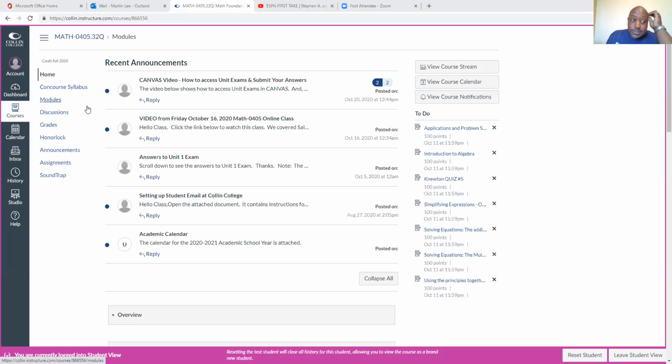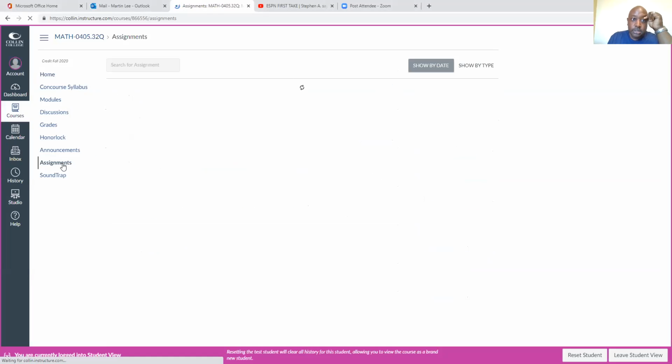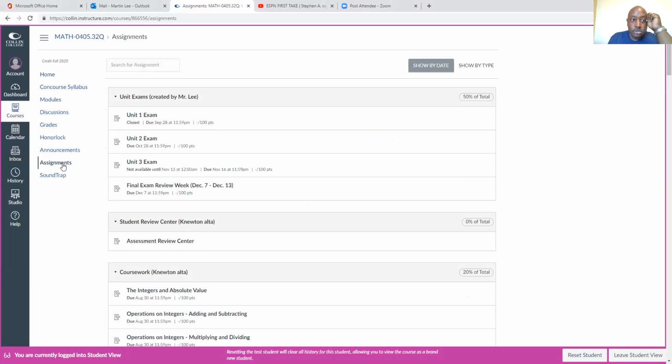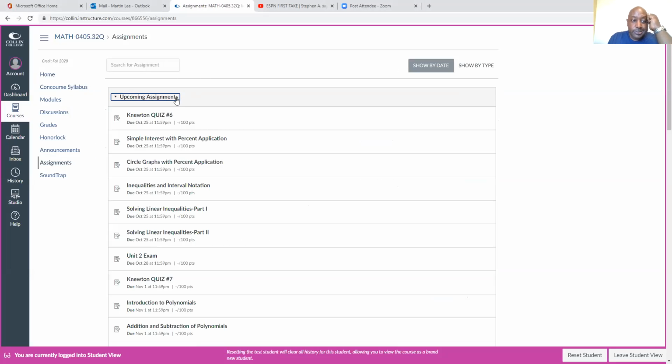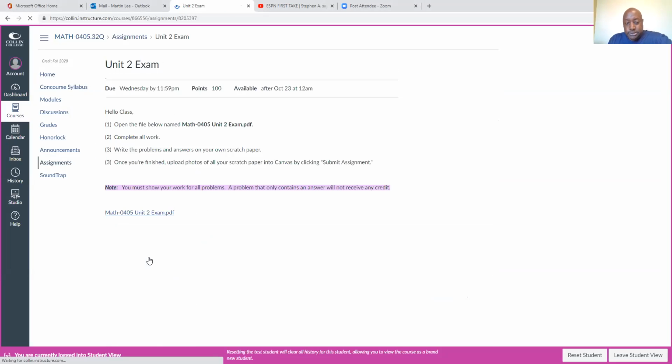Once you're inside of Canvas, on the left-hand side, come down to Assignments, left click, then under Upcoming Assignments, come down to Unit 2 Exam, left click.